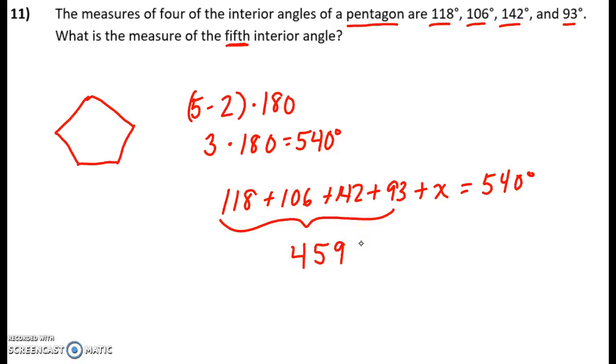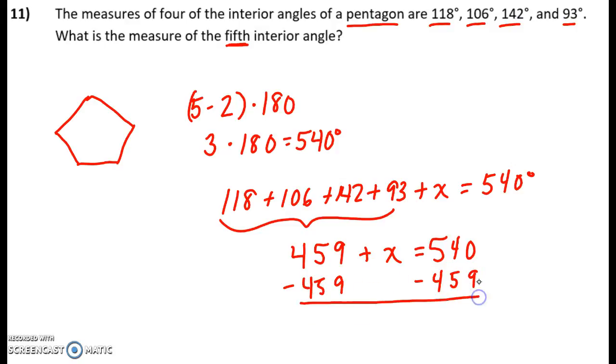So I have 459 degrees plus x equals 540 degrees. Now, when we subtract 459 from both sides, 540 minus 459 is a total of 81 degrees. So our 5th interior angle is a total of 81 degrees.